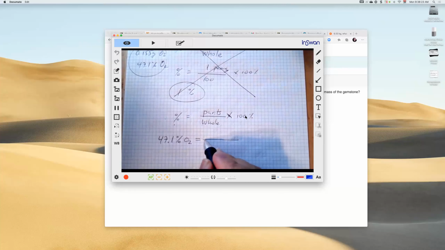Now, we know the parts of oxygen that represent 47.1%. In a 100 gram gem, 47.1 grams would be oxygen, but this one is clearly not a 100-gram gem. It's going to be less than that. So we know the parts of oxygen, that goes here.